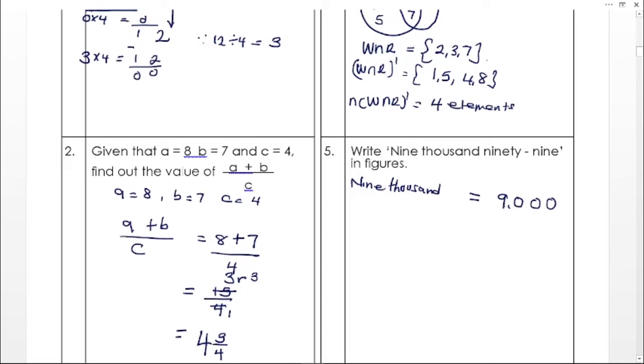Then we have 99. So we are doing what? We are adding. So then we are having 9,099. Therefore 9,099 in figures is this one here. So that is number 5.